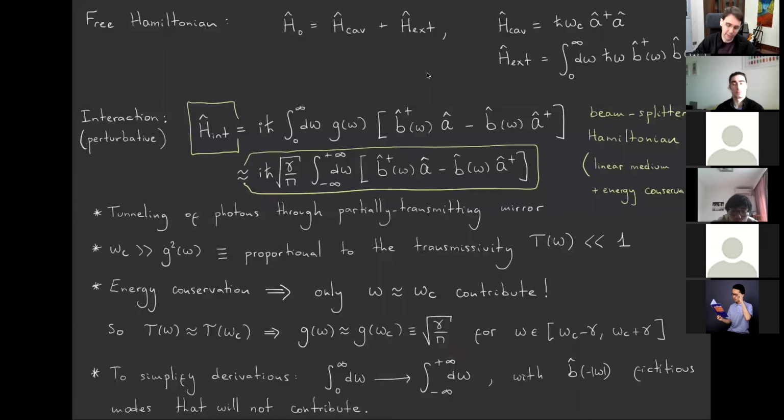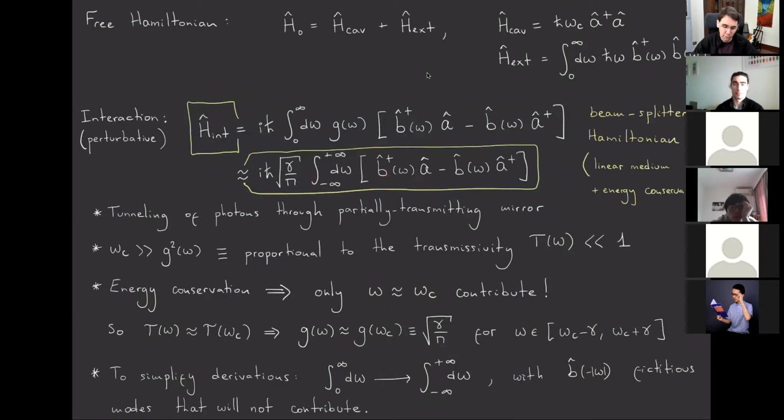So in such a situation, the final interaction Hamiltonian that I wrote, or I don't remember if I finally wrote it, but you have it here now, we can write in this way, in which we have some tunneling rates that are the same for all the frequencies, and then we have this integration from minus infinity to infinity of the single photon tunneling terms.